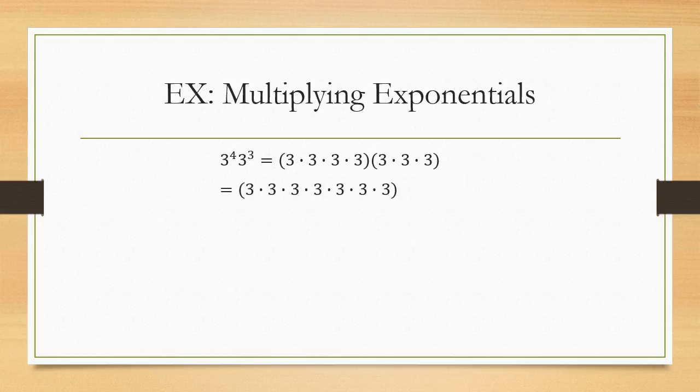If we use the associative property, we can get rid of these parentheses, and we should recognize that this is just 3 to the 7th, right? We're multiplying 3 by itself 7 different times, which conveniently gives us our multiplying exponential law, where our exponent is just the sum of the two exponents we're multiplying.